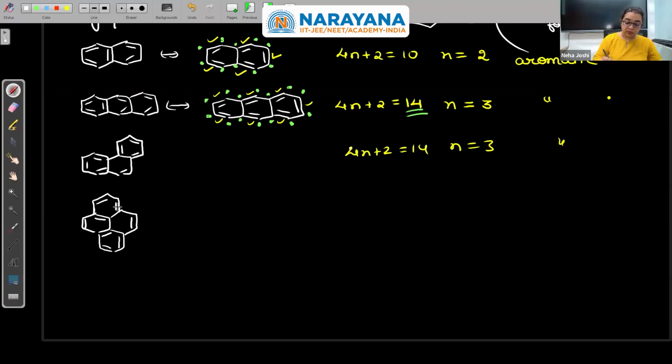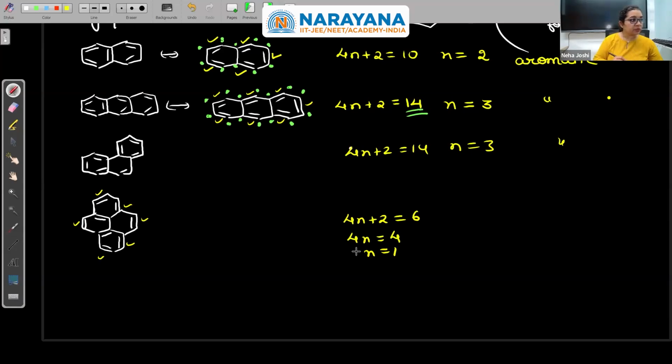This is complete benzene sort of. And these are this. So if I count the peripheral bonds, 1, 2, 3, 4, 5, 6. Okay. So 4n plus 2 equal to 6. So 4n equal to 4, n equal to 1.